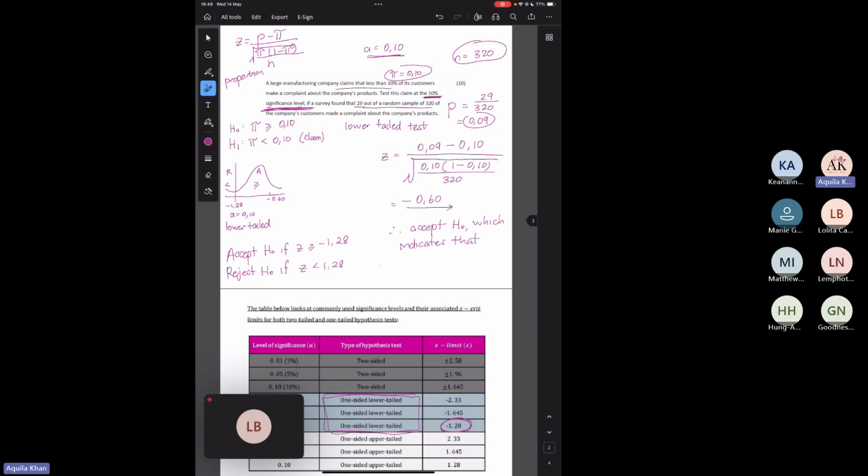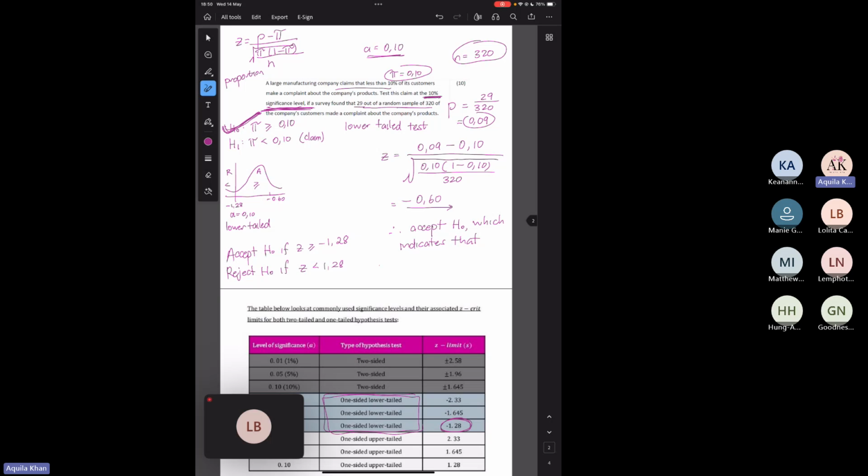So if you're accepting the null hypothesis, go back to the null and alternate hypotheses. Your null hypothesis, if you're accepting it, you're saying that it is true. And what it says is that it's actually more than 0.1 or more than 10% of the customers that complain about the company's products.